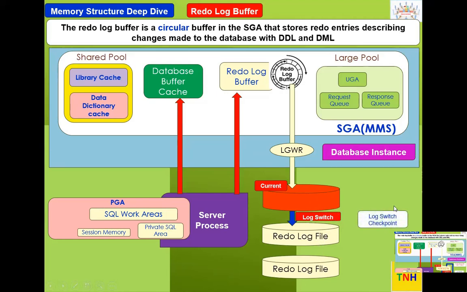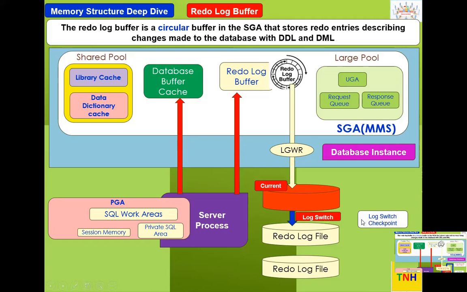Now when a log switch happens, what's going to happen? Something called a checkpoint takes place. This is known as a log switch checkpoint. Because in Oracle database, we have different categories of checkpoints: incremental checkpoints, partial checkpoints, and full checkpoints. Incremental checkpoints and log switch checkpoints are in most cases the same.